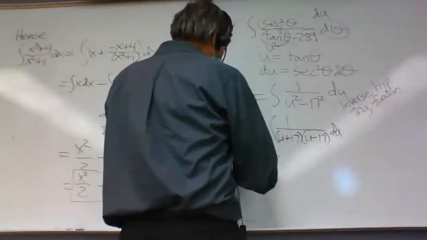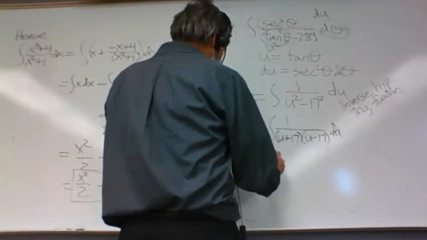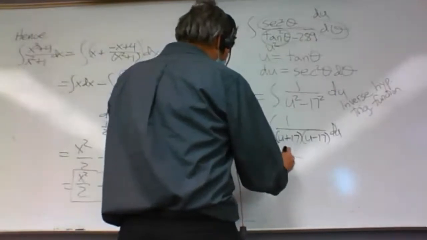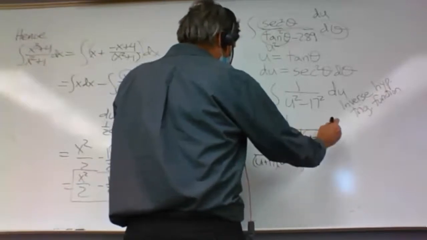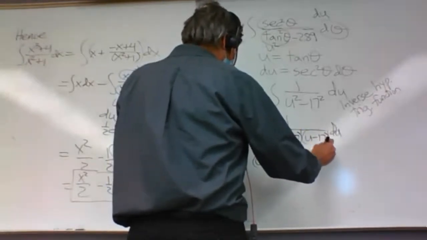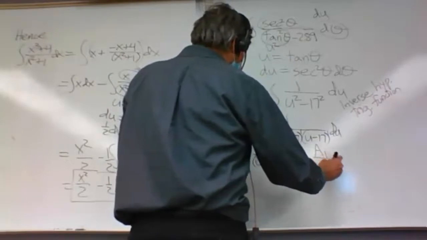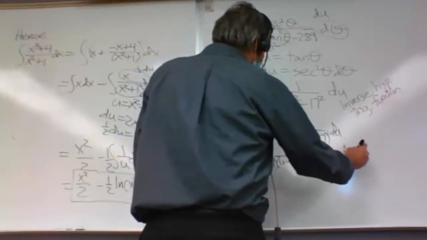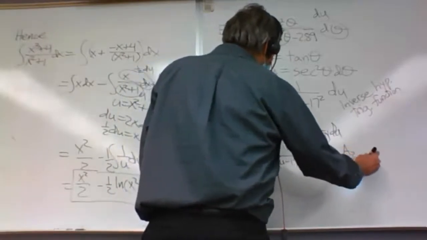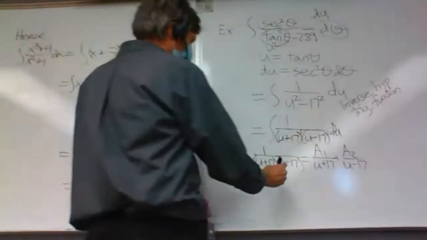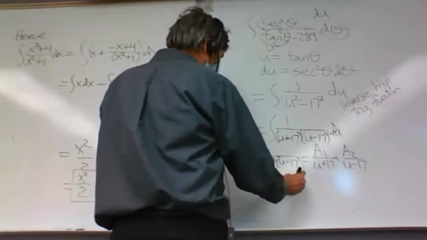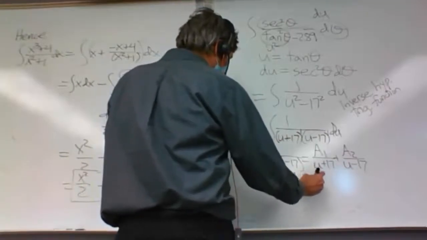For that, I need to factor the bottom and figure out what the factors are. How does that factor? Well, 1 over u plus 17 times u minus 17 has to be equal to, since this is a first power and this is a first power, just one term for each: A1 over u plus 17 plus A2 over u minus 17.